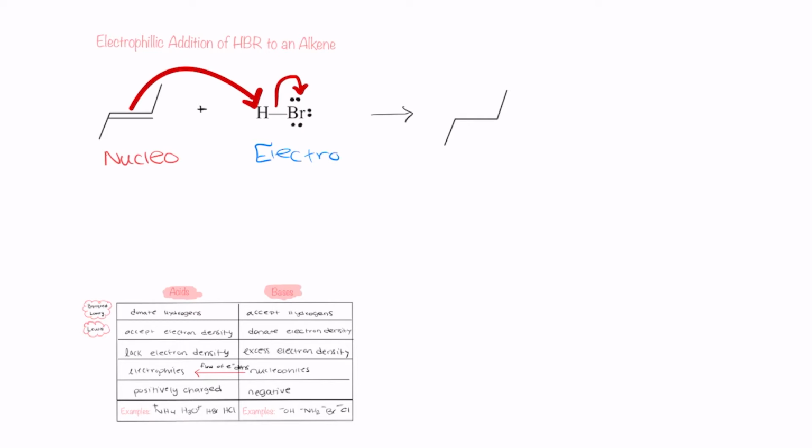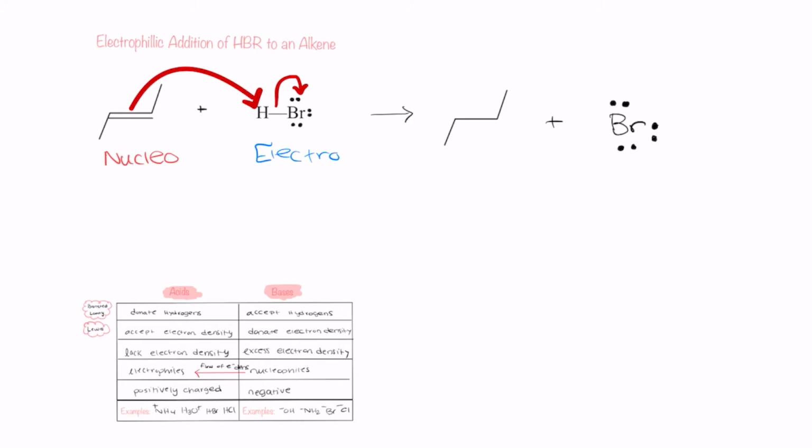And we know that the bromine lost its hydrogen. And we knew that bromine initially started off with 3 lone pairs, so we can go ahead and draw them in here. And so what happened was it lost its hydrogen, but in exchange for that hydrogen, it gained a lone pair.